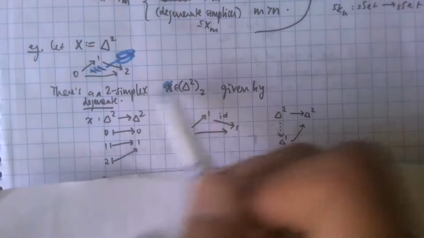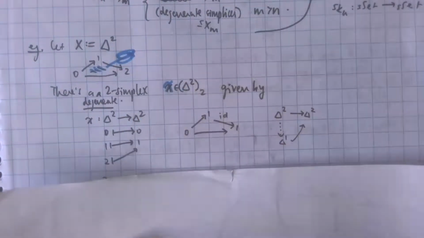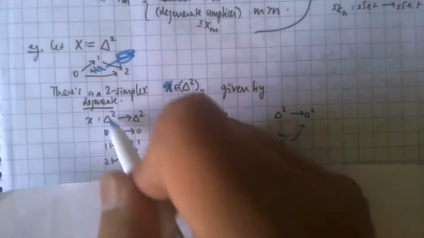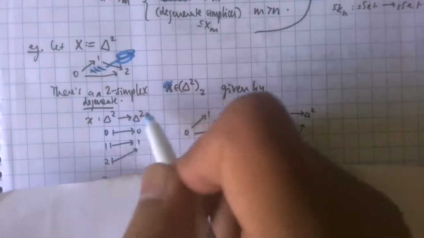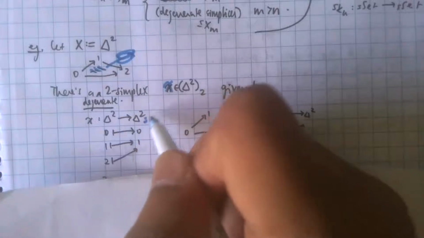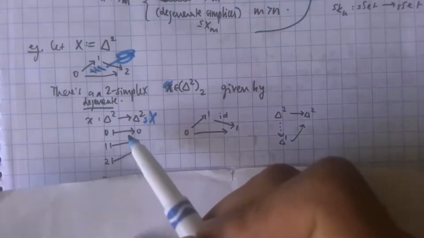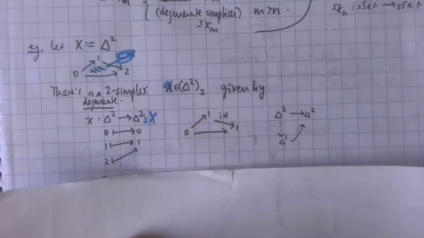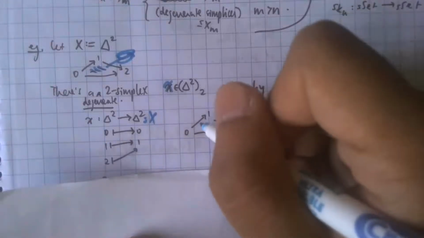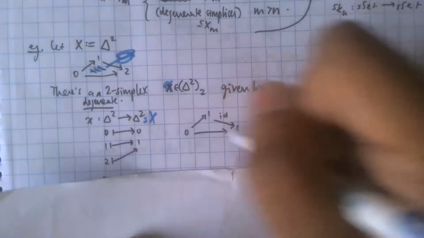Again, we can confuse simplices and maps, right? So we can think of a 2-simplex as a map from delta 2 into delta 2. This for us is x. And we can form such a map that does this, from 0 to 0, 1 to 1, and 2 to 1. So that forms such a simplex that has 0, 1, and 1, and an identity map here.